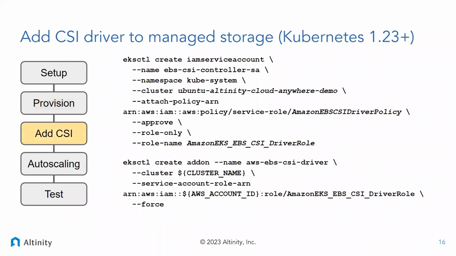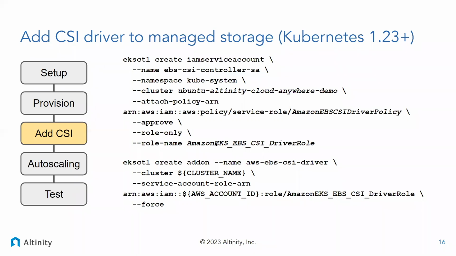The next step, and this is necessary in EKS, is the CSI drivers, which are the storage provider, or basically handle storage in Kubernetes. And as of Kubernetes 1.23, the CSI driver that handles EBS, which is Elastic Block Store, the cloud block storage for Amazon, has to be installed separately. So these are the commands that you need to run.